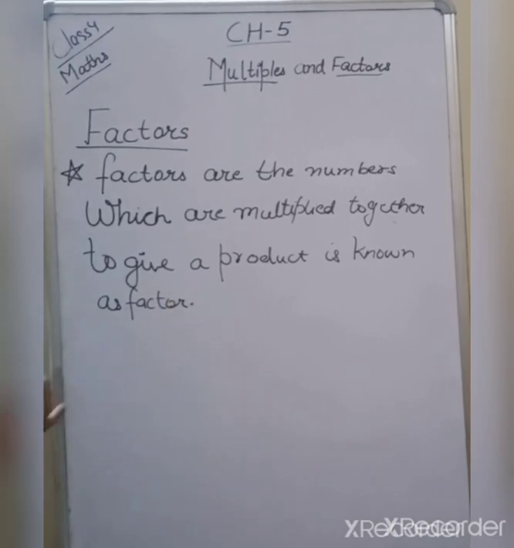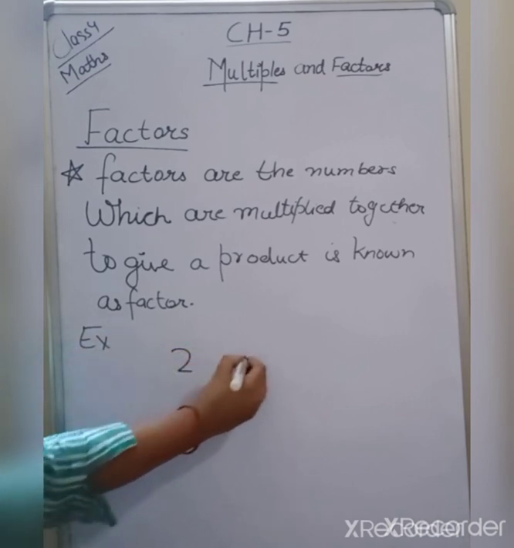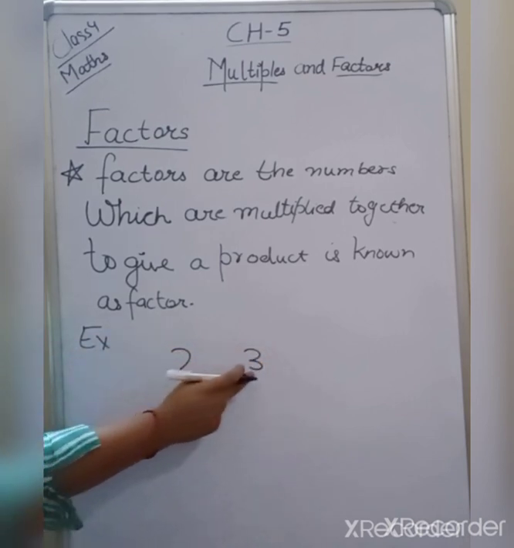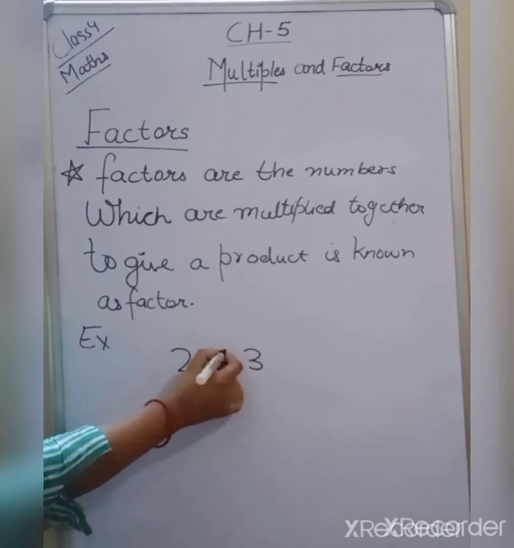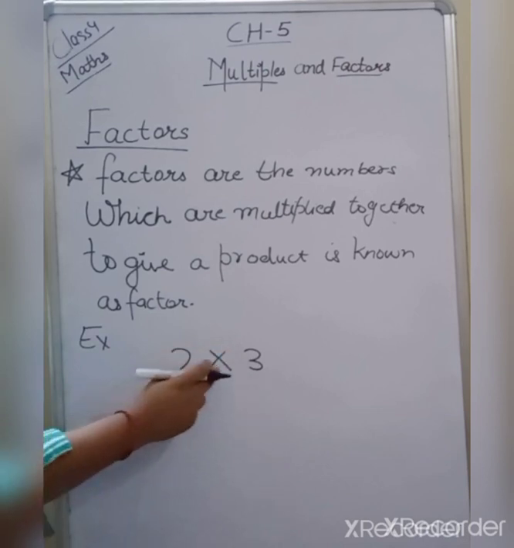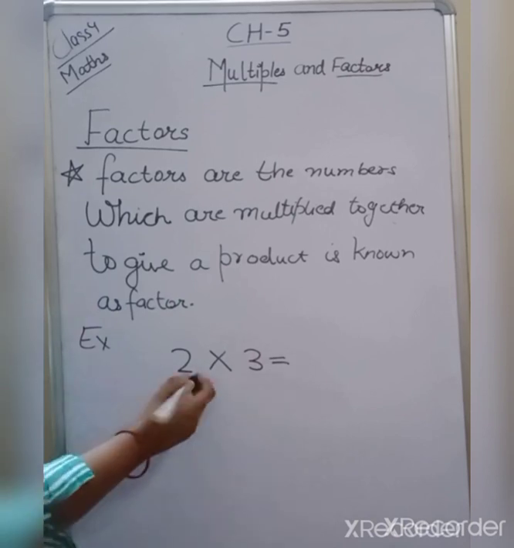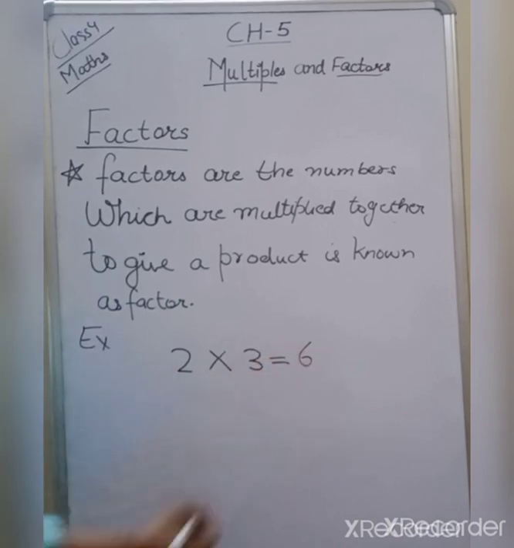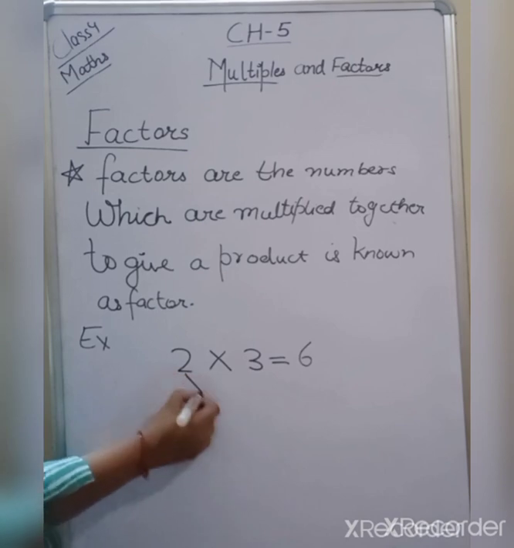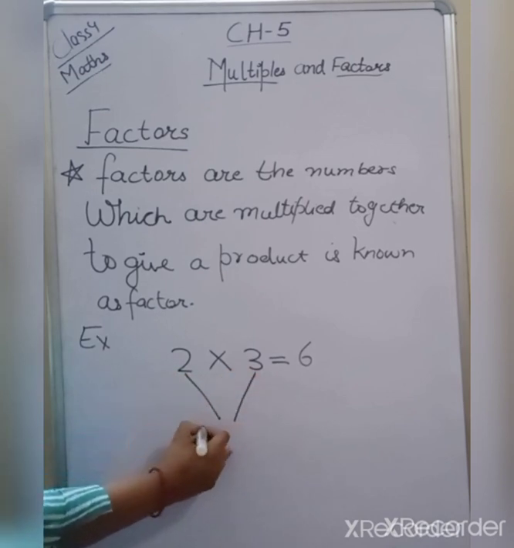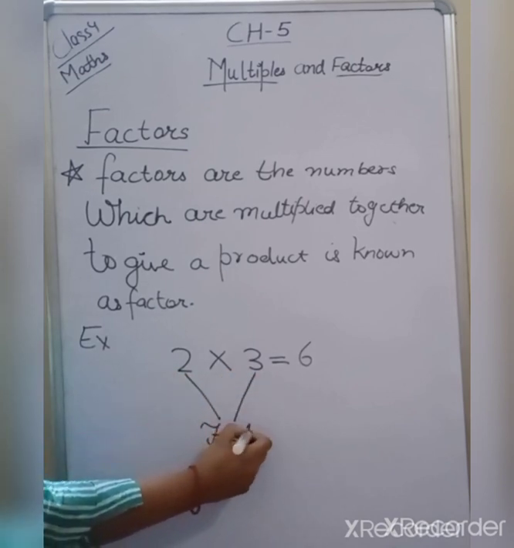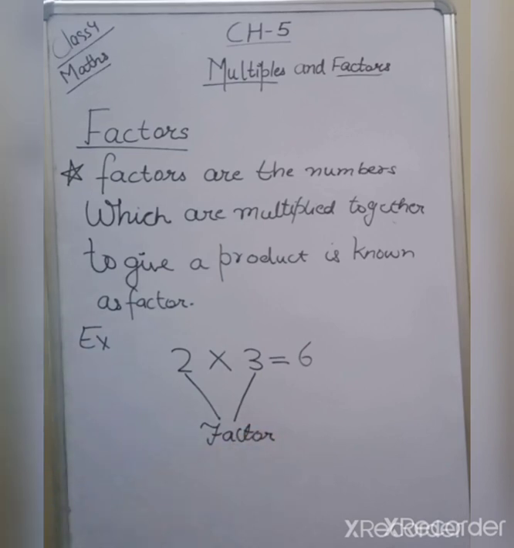For example, I will take two numbers, 2 and 3. I'll multiply these two numbers. 2 multiplied by 3. So what will I get? I will get a product. 2 3s are 6. So I can say 2 and 3 are factors of 6.